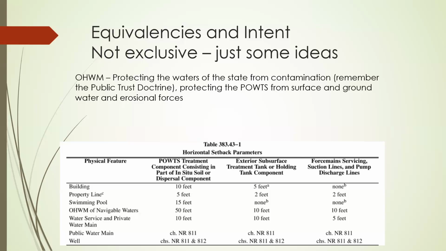How are we providing an equivalent degree of treatment and dispersal when we get closer to the ordinary high water mark to protect the waters of the state from contamination? And then we also want to protect the POWTS from surface and groundwater and then erosional forces. So let's say we're petitioning to something that's in a highly erosional landscape, like a Great Lake or something like that. Is it riprapped? Are there contingencies for if the shoreline erodes, things like that?